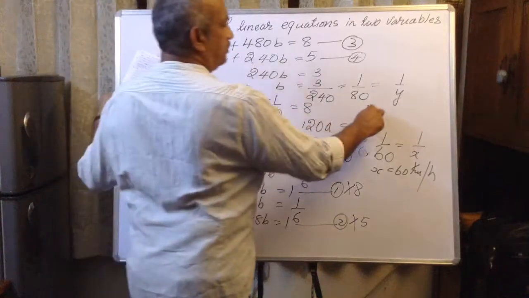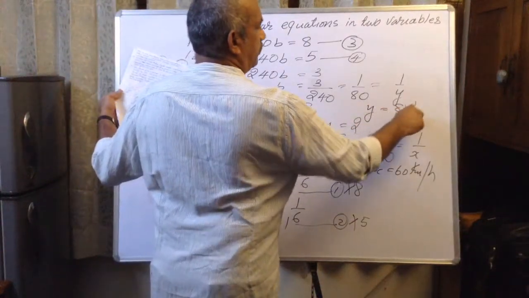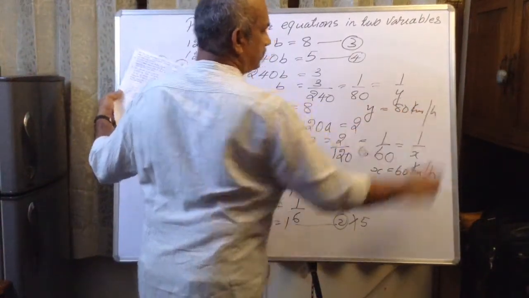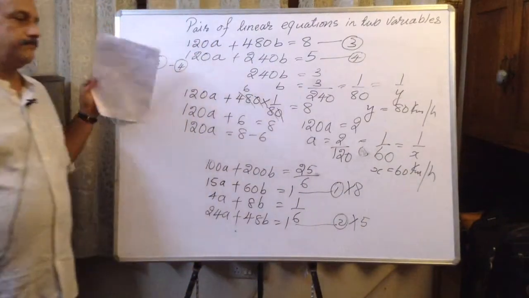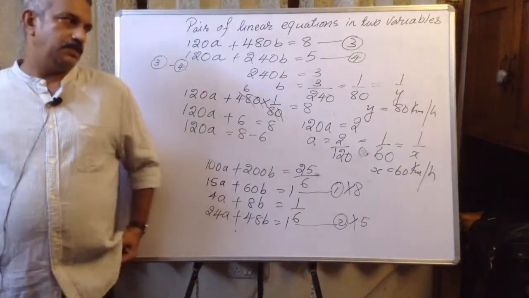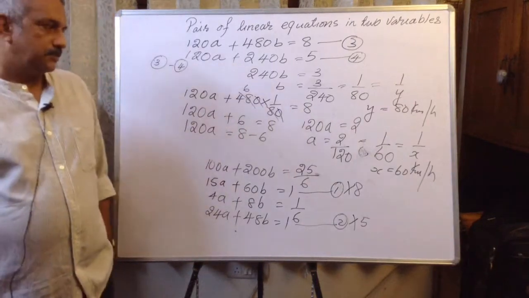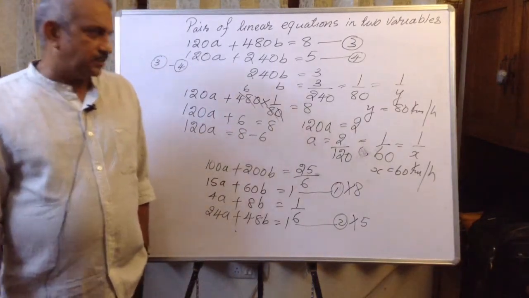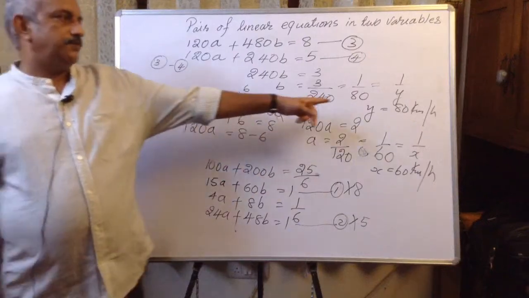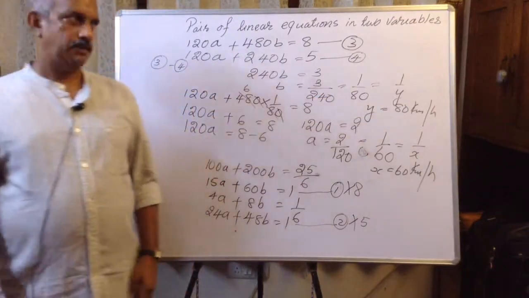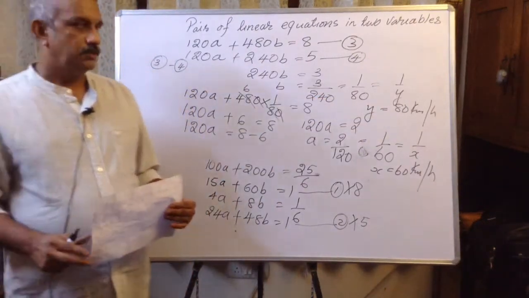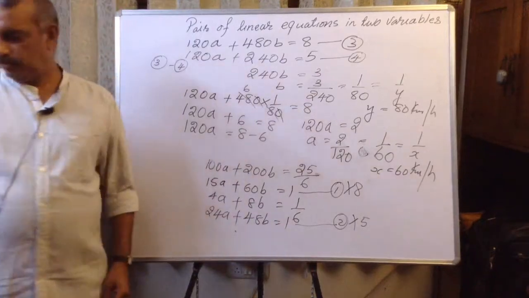So we get y is equal to 80 km per hour. Now this is not enough. You will write, therefore, the speed of the train is 60 km per hour and the speed of the bus is 80 km per hour. That is the answer. So go through it, simple only.